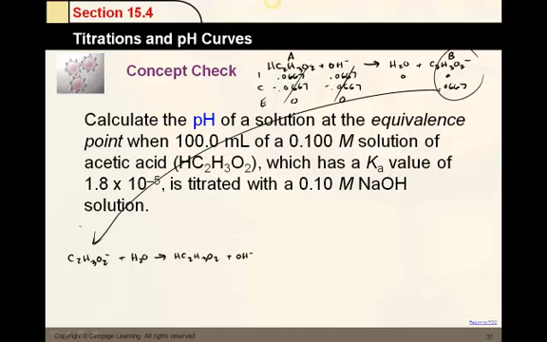Now if you're very clever and you look here with what I just wrote, do you notice it's the exact opposite of the reaction I wrote above, right? It's this reaction essentially going in this direction. That always happens at the equivalence point. Now we have 0.0667.